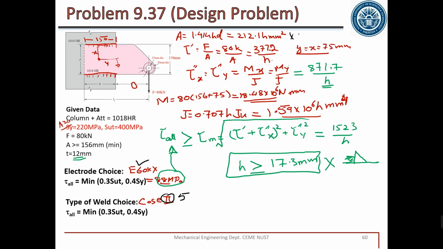The area is also doubled. This area will be multiplied by 2, so we'll be getting a final area equal to 424.2 mm square. Tau prime, because area is doubled, will be halved. So this is equal to this value divided by 2h. For tau double prime, the M is same, x is same, but J will be changed.